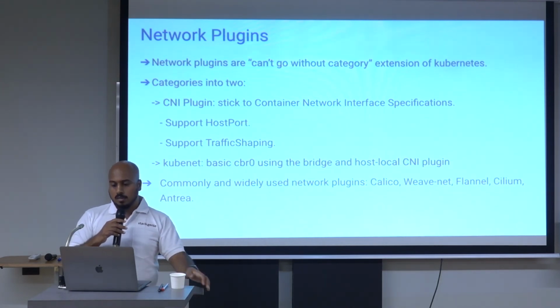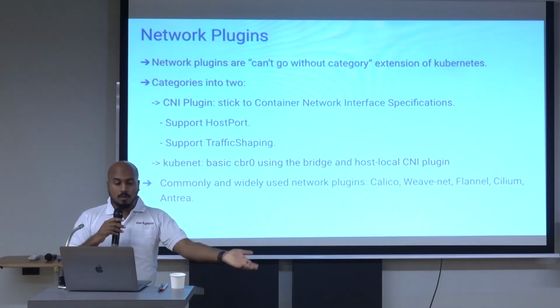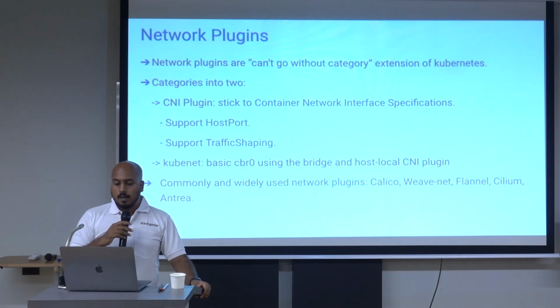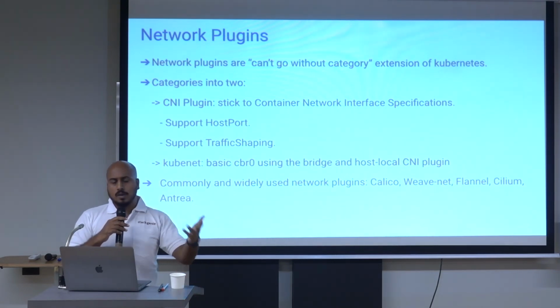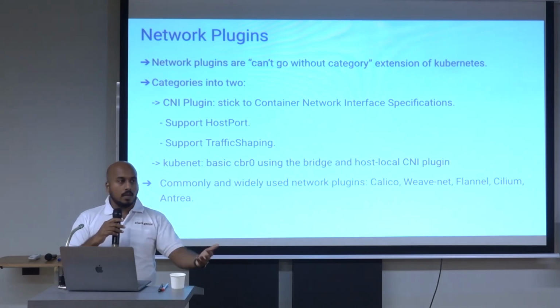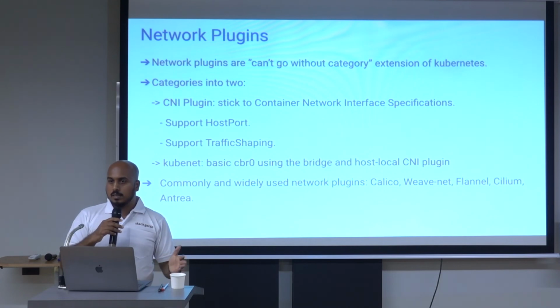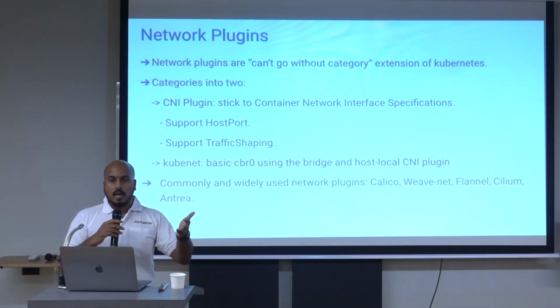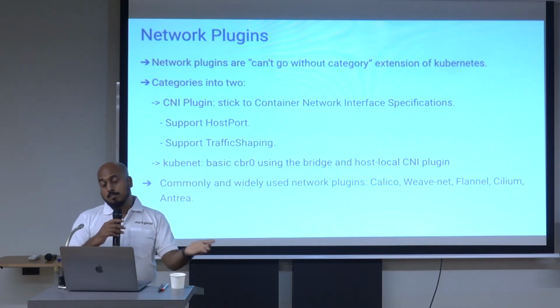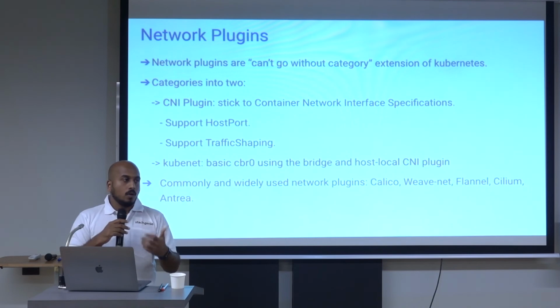And there are newer ones. One is called Cilium and the other one is Antrea, which is basically from VMware. I'd like to share one more insight here. Calico or any of the Kubernetes plugins by default use kube-proxy, and it will make iptables routing rules be created behind the scenes when you create a service.